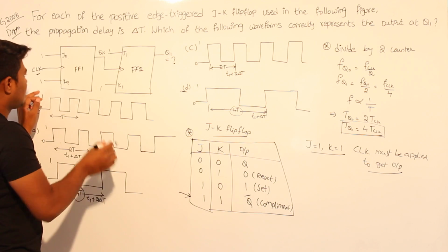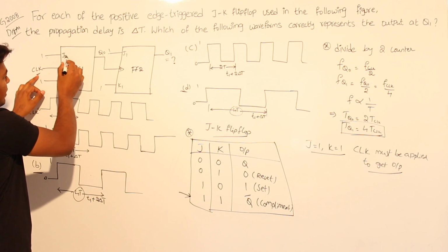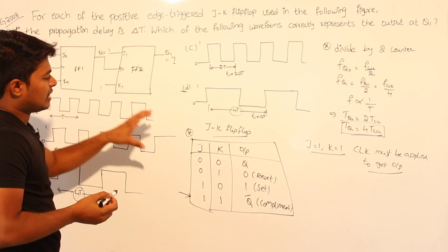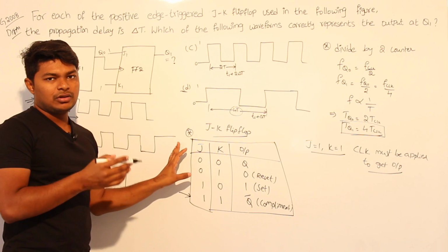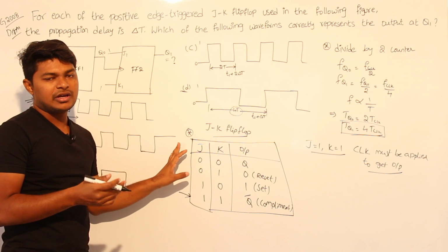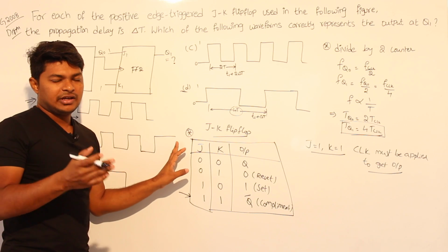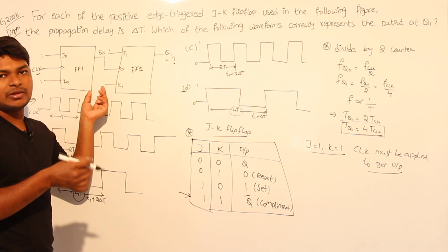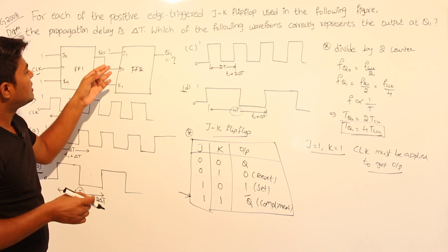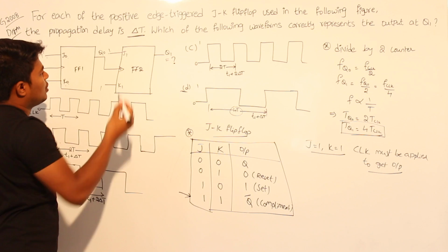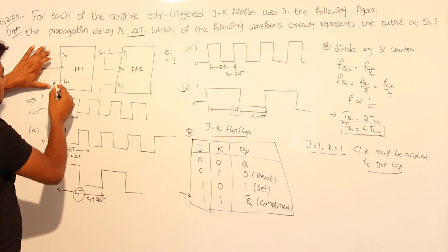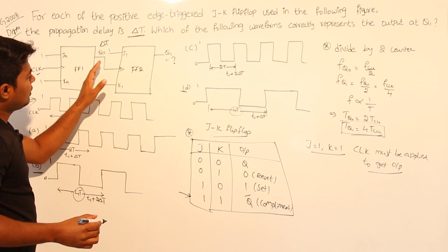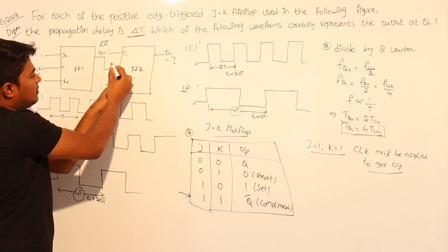Now assume that the clock pulse is applied. Now for the two JK flip-flops, 1 and 1 is applied. Since this is a practical scenario, there will be some propagation delay. It's not like an ideal situation. In the question, the propagation delay is represented as delta t. So when you apply the clock pulse with these inputs, up to here the propagation delay is delta t, and here also you are applying some input signal.